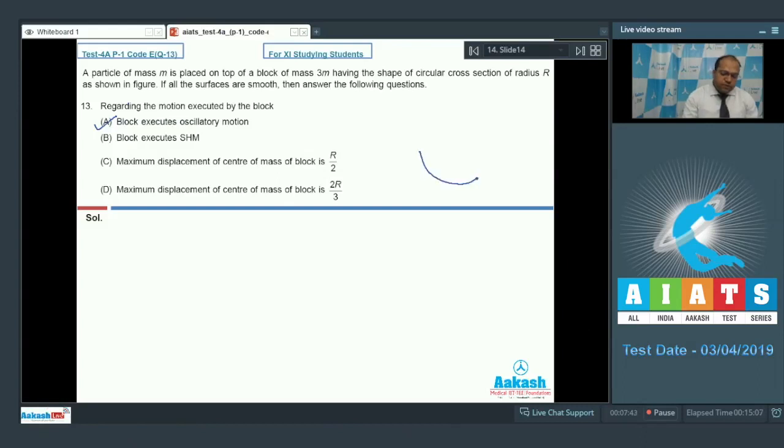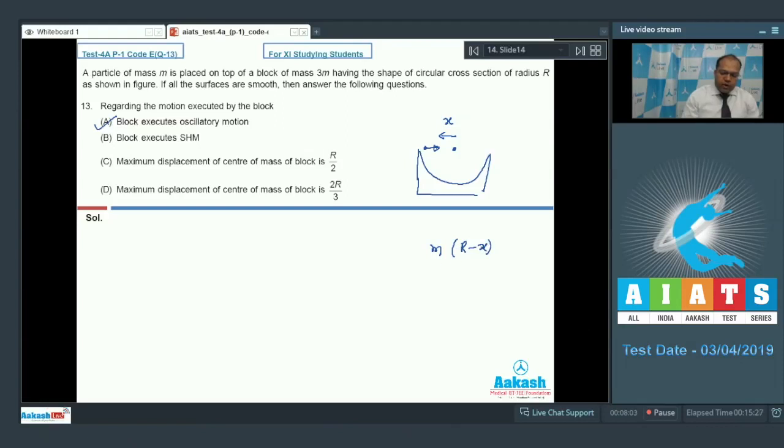So the maximum displacement of the center of mass of the block can be found out in this way. This block moves in this direction by a distance x, then small m moves in this direction by m into r minus x.